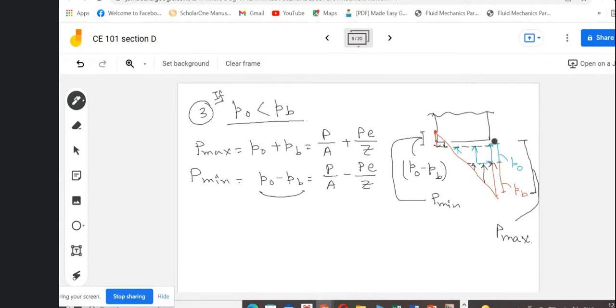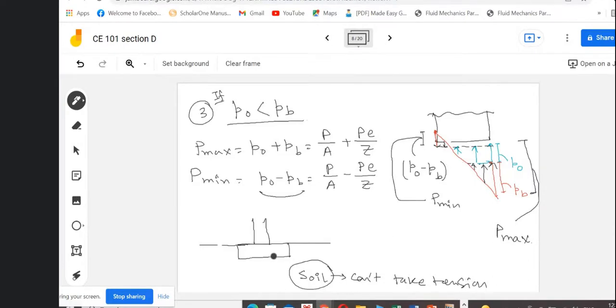Now, when we design a column, what does the column do? The column is this vertical section. This transfers the load to the foundation system, and this foundation rests on the soil. Now the soil cannot take tension.